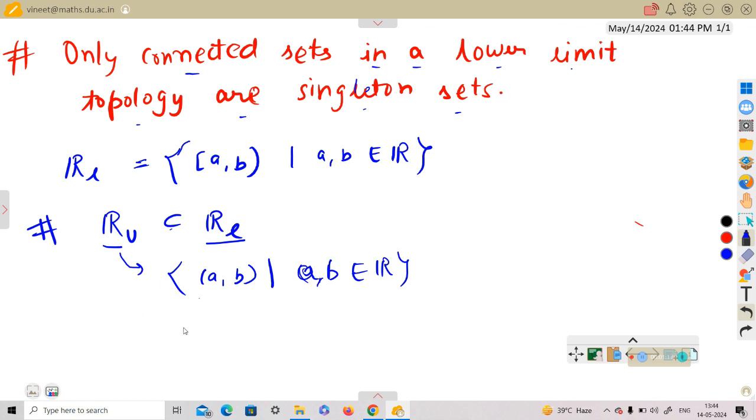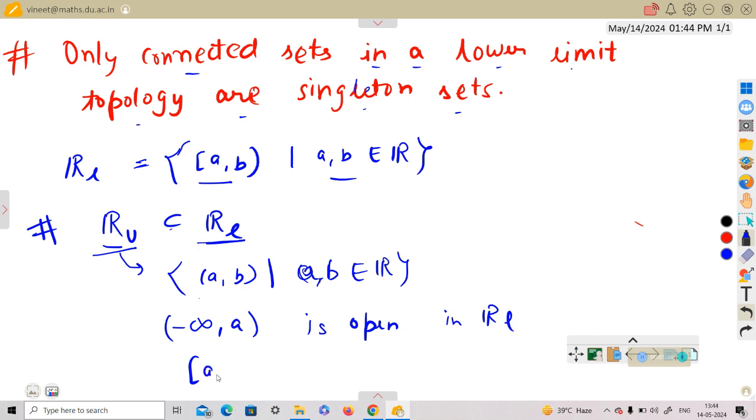So minus infinity to a is open in R usual, therefore it is open in the lower limit topology, open in RL. And since in RL open sets are formed by these, a to infinity is open in RL. So these are the key facts. We are going to use this.